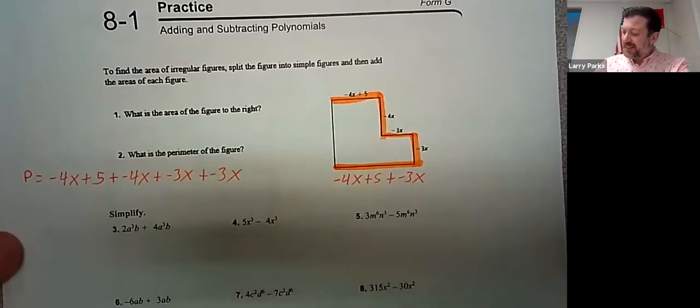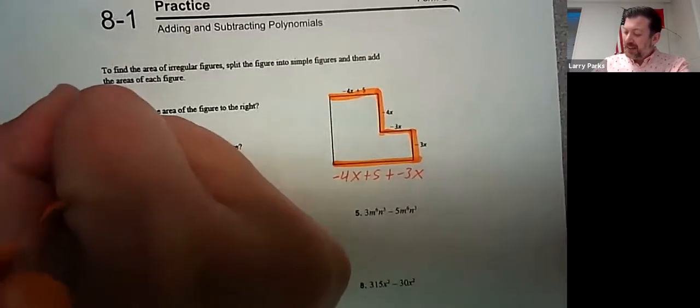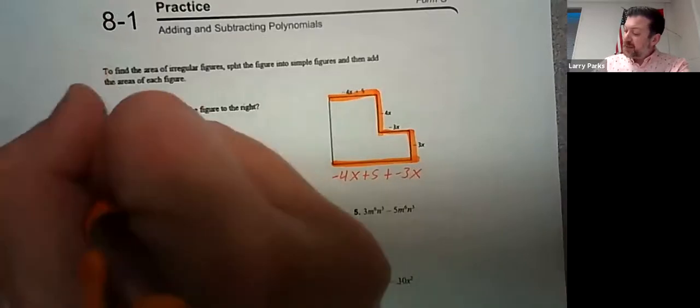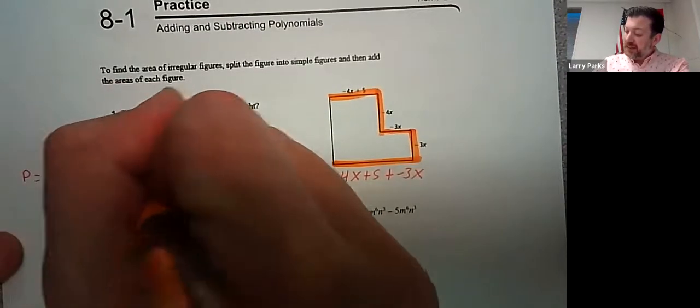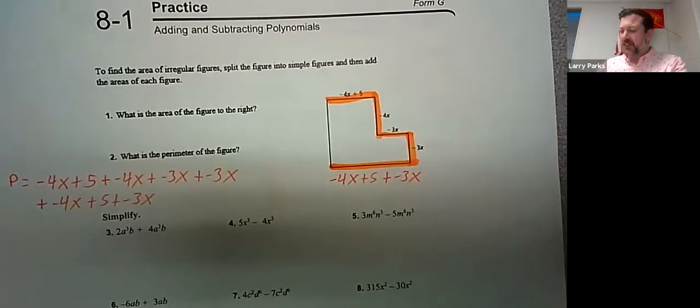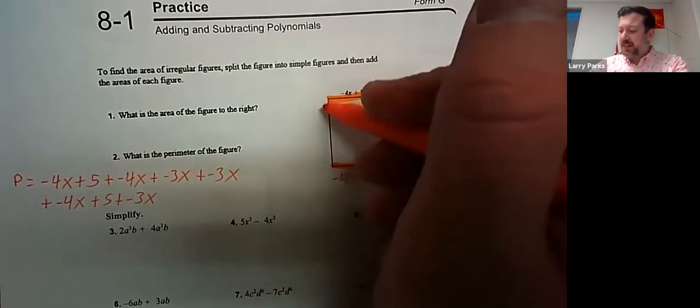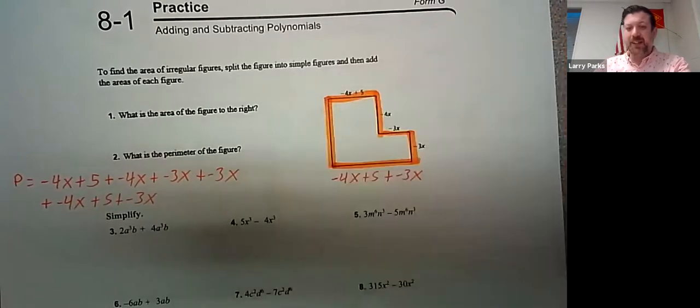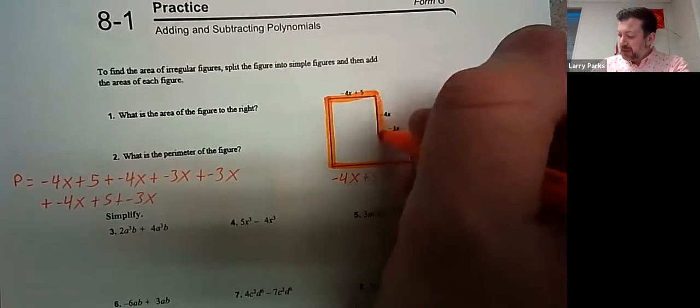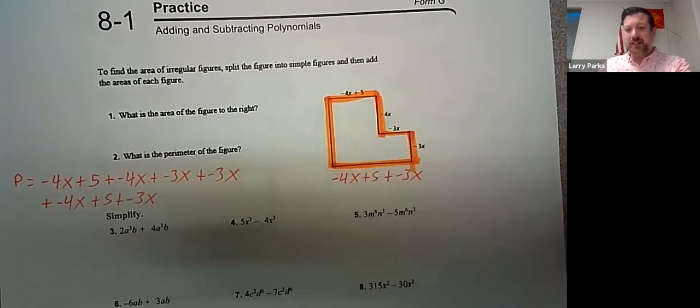I guess I'll do it here. Plus negative 4x plus 5 plus negative 3x. Almost done. Now we have the vertical distance here. So what is this? This would be negative 4x plus negative 3x.